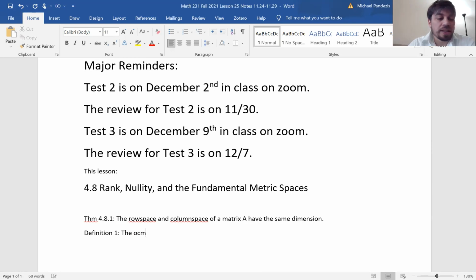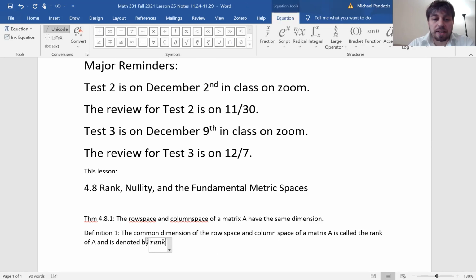Definition 1. The common dimension of the row space and column space of a matrix A is called the rank of A and is denoted by rank(A).